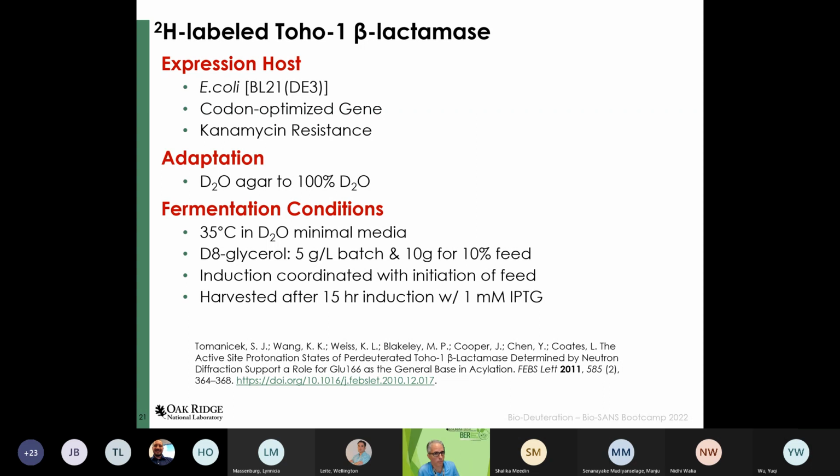We were using a bioreactor in this case, so we have a batch amount of carbon source in the bioreactor, and then we produce a 10% feed solution that we feed on top of that initial 5 grams during the process. And then we coordinated induction with the initiation of the feed and then harvested after induction. IPTG was used for induction.